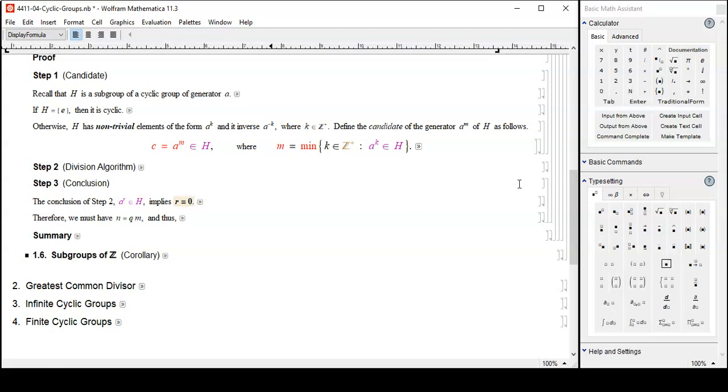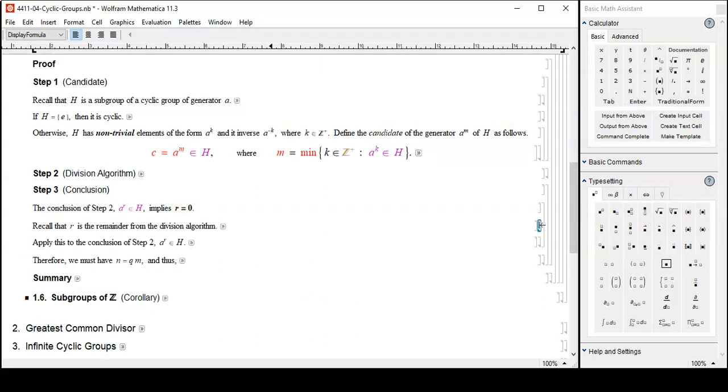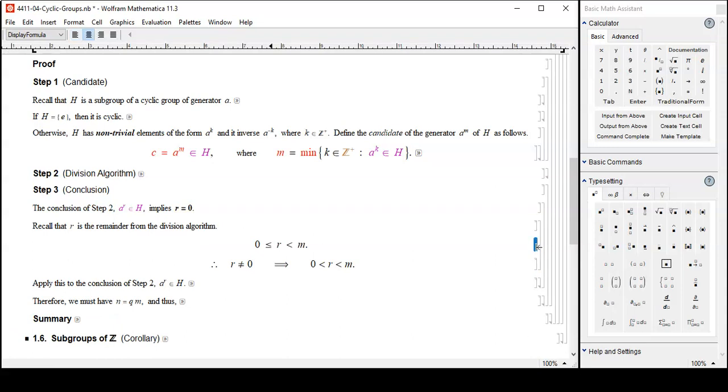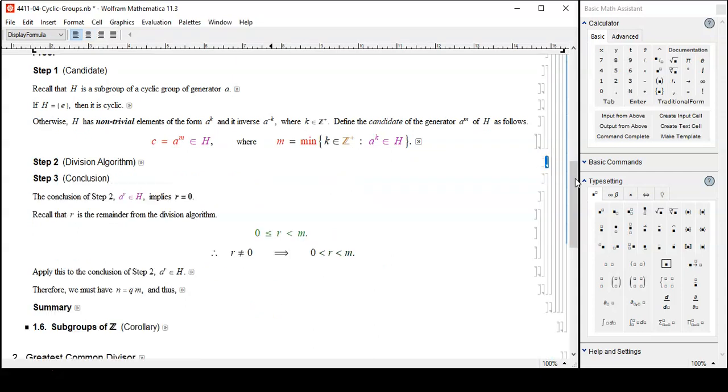Is that obvious? No, not really. Let's prove it. And we're going to use proof by contradiction. Remember that the remainder is greater than or equal to 0 and strictly less than the divisor. You see, remember? You have blue and green. We have to use both. Blue we used up. Green, now we are using green.